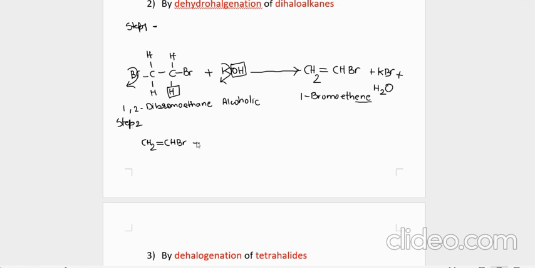React it with second molecule of potassium hydroxide, which is alcoholic. Okay, give an arrow.